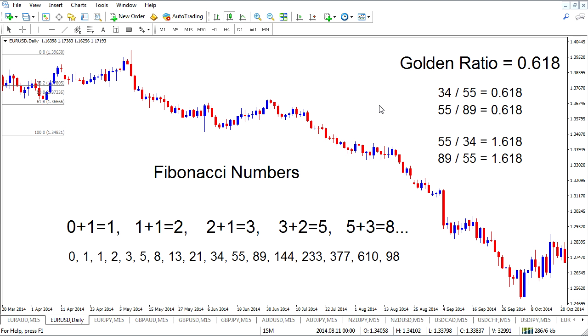I'm going to use the Fibonacci sequence, and I'm going to really observe the golden ratio, that 0.618 number, in all of my trading. I suggest if you are trying to find some really good numbers for moving averages or settings for some indicators, try some of these Fibonacci numbers and see what you think. I think you're going to be surprised.